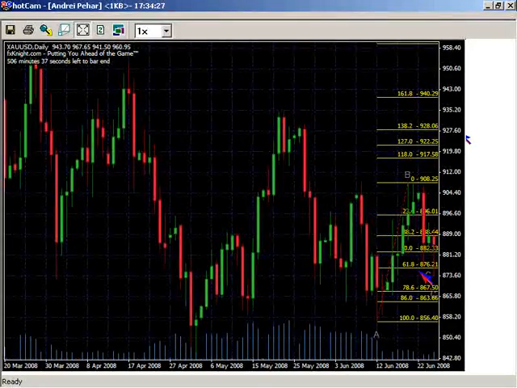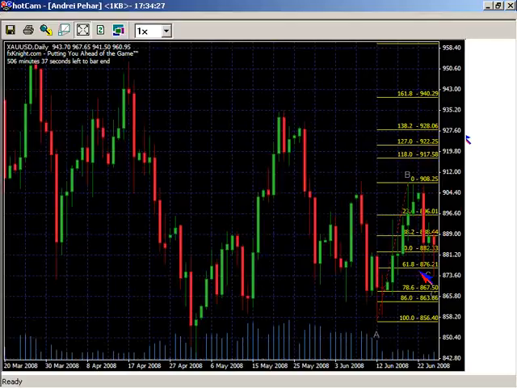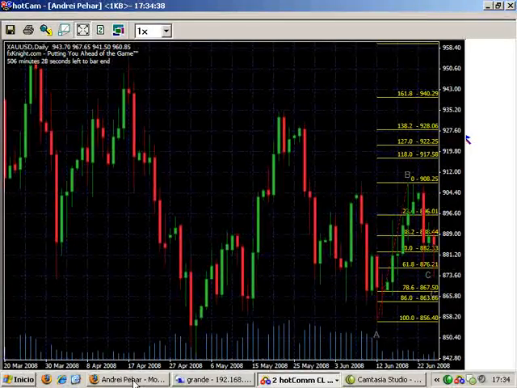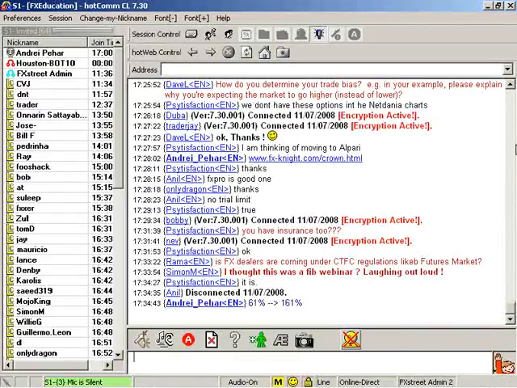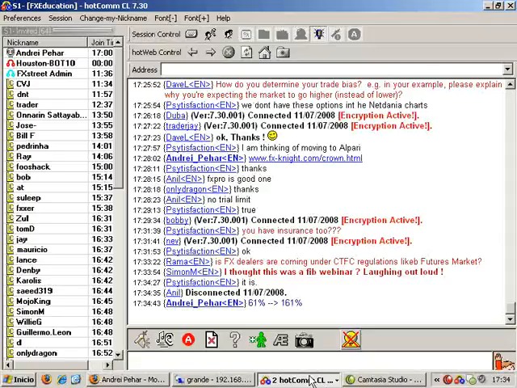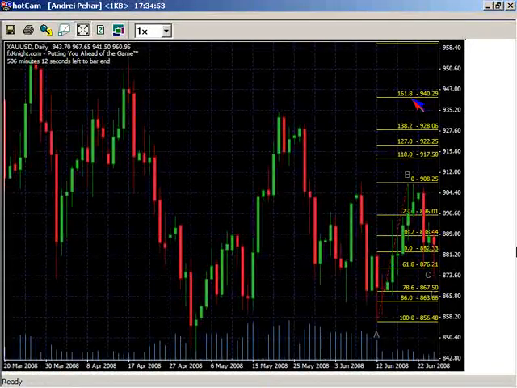So 61.8 is where our retracement went. We know where our C is. Now let me give you some rules for figuring out where D is. Typically, when you retrace to 61.8, D will fall at 161.8.